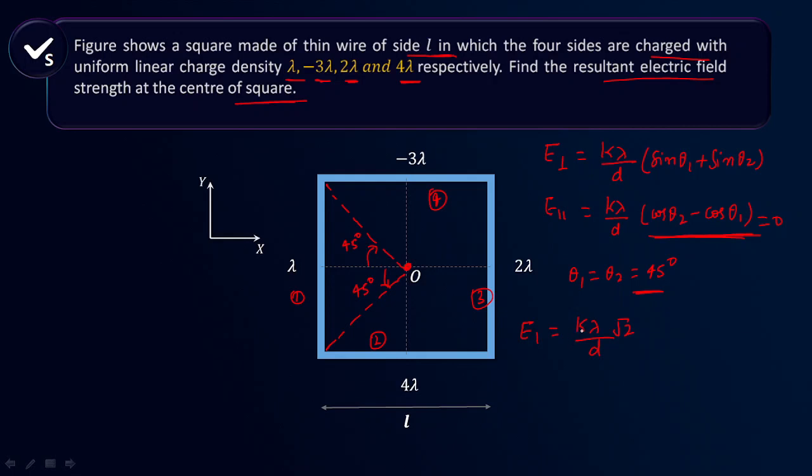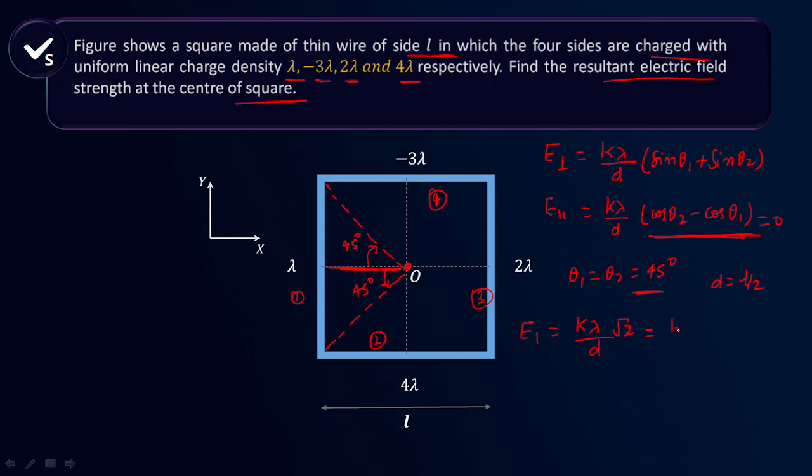Similarly, if I want to write for the second one, k lambda by d, okay, d is how much? Here if I want to write d, so this length will be L by 2. So can I write d is equals to L by 2.